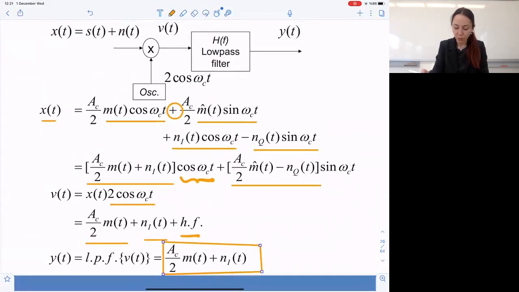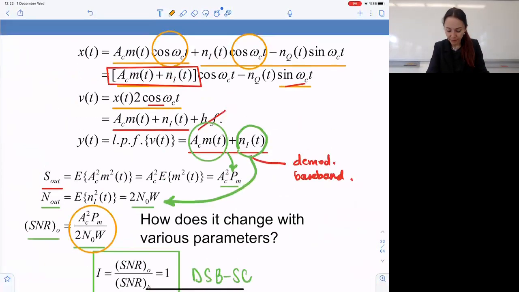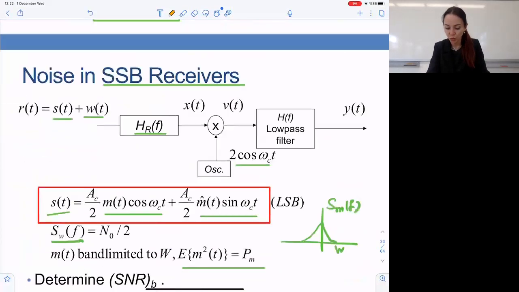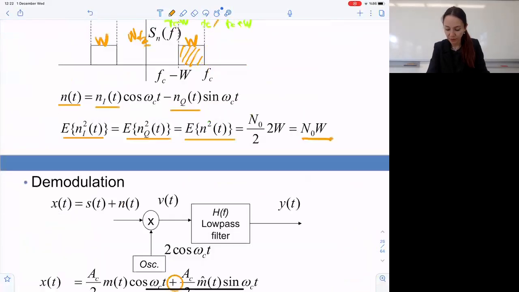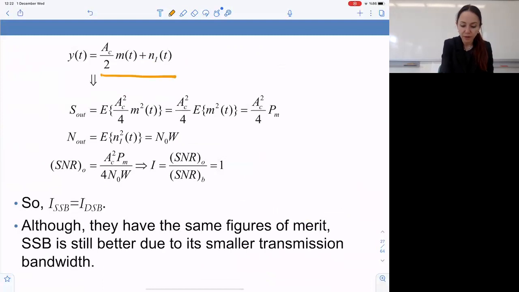Now, what is the difference of this from double sideband? In the double sideband case, we had AC m of t plus Ni. Now we have AC over 2 m of t plus Ni. So the signal power in the demodulated waveform is going to be half as much.